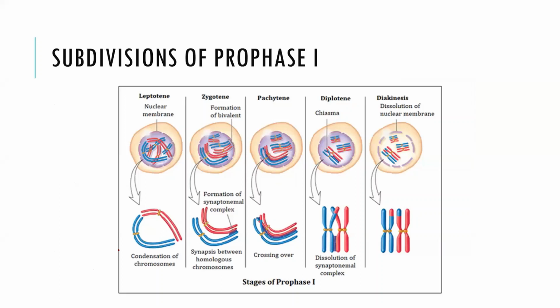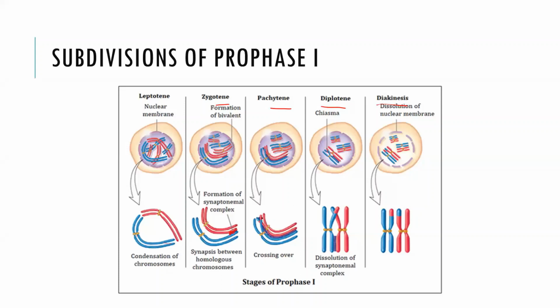So the prophase can be divided into several subdivisions. Leptotene, zygotene, pachytene, diplotene, and diakinesis. So, as I have already discussed, condensation of chromosome occurs first, which is called leptotene, and during zygotene, these synaptonemal complexes are formed, forming synapses.